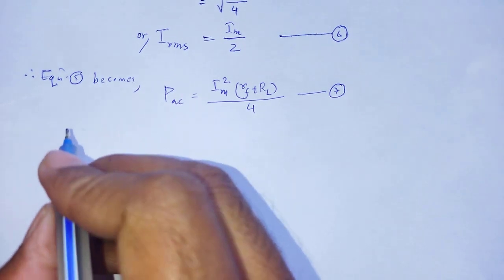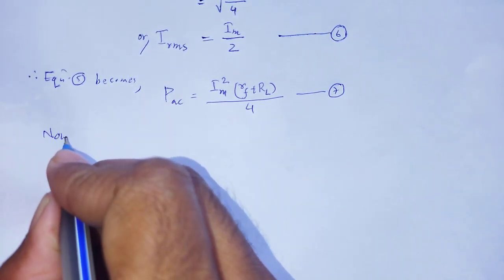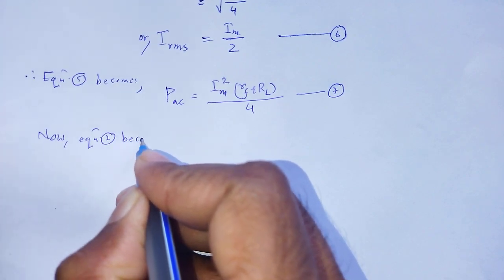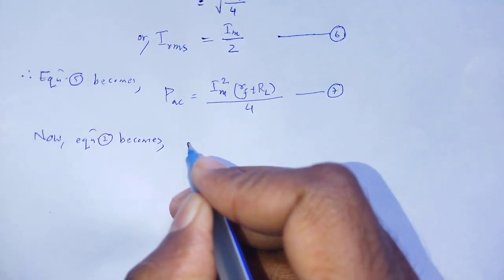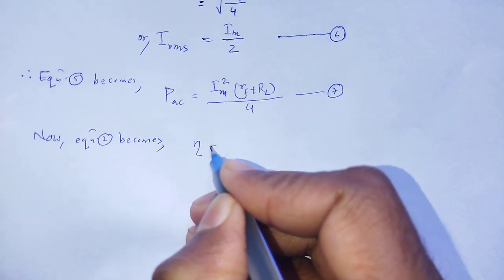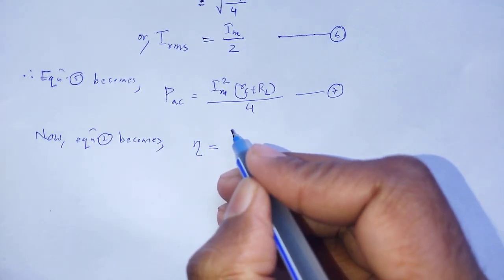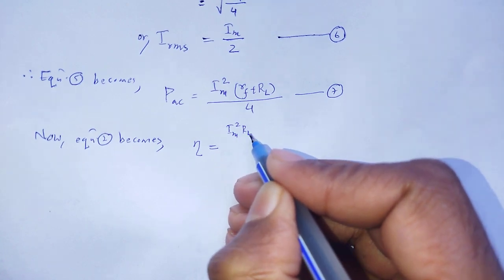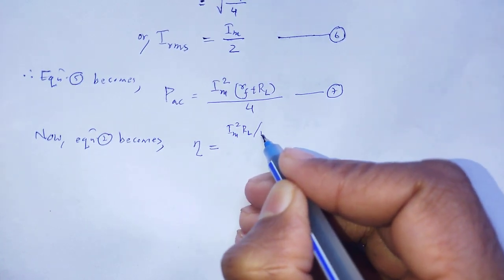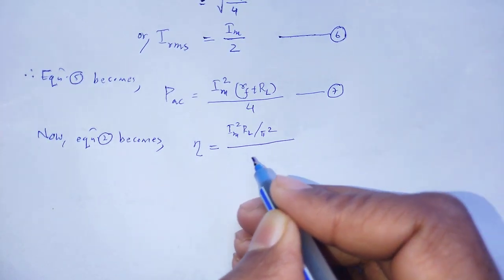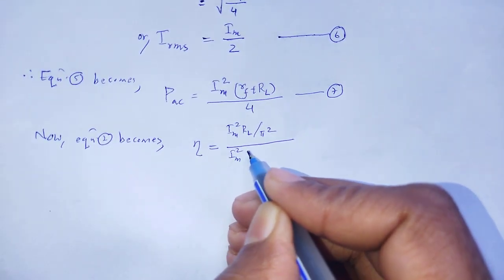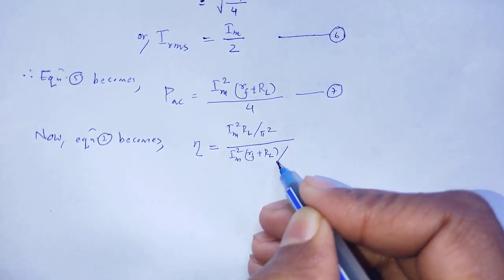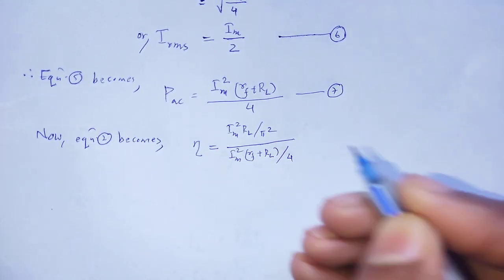Equation number 1 becomes efficiency eta is equal to Im square RL divided by pi square, whole divided by Im square (Rf plus RL) divided by 4.